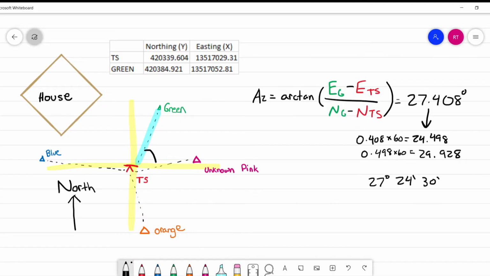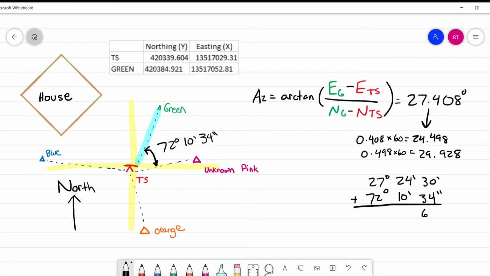Now we're going to use this azimuth to figure out where point pink is located. We have this angle right here because we measured it. This angle is 72 degrees, 10 minutes, 34 seconds. So we're going to add this internal angle to our azimuth.